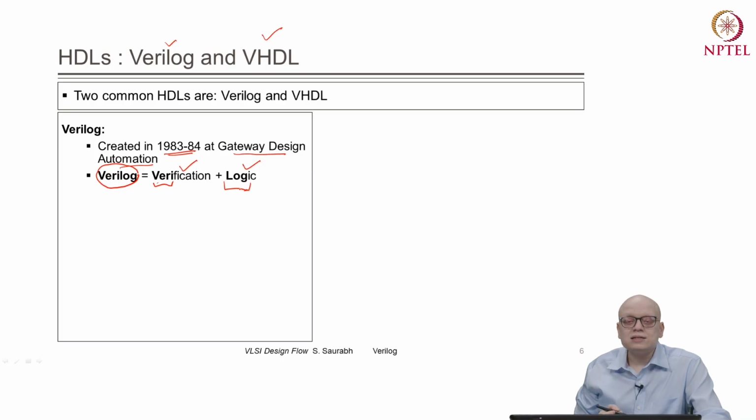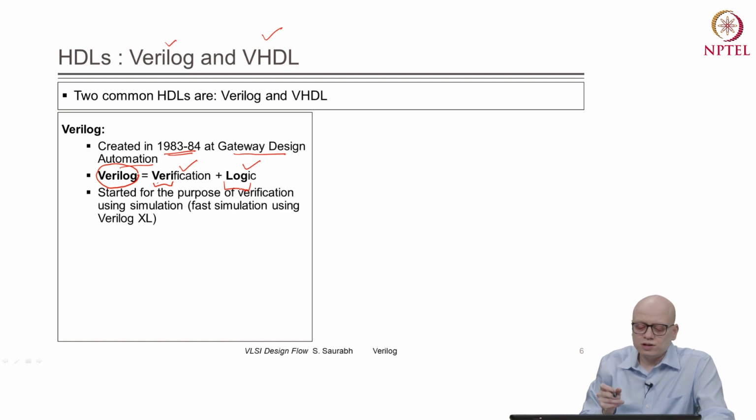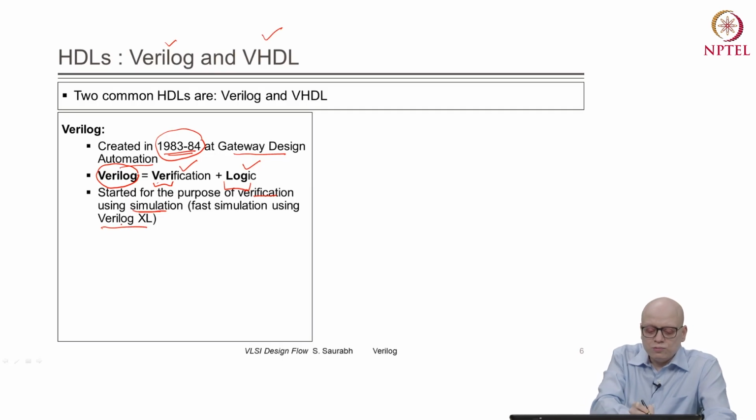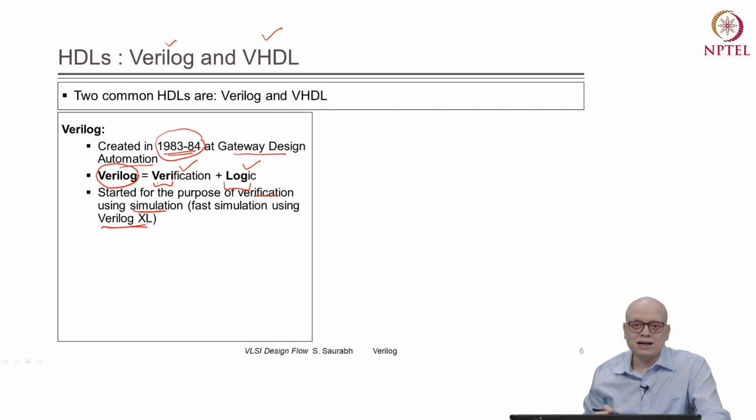As the word signifies, Verilog was initially started for the purpose of verification using simulation. The main purpose of the invention of Verilog was to do very fast simulation. And in the early 1980s, there was a simulator, Verilog-XL, which could do a very fast simulation at that time compared to other existing technologies.